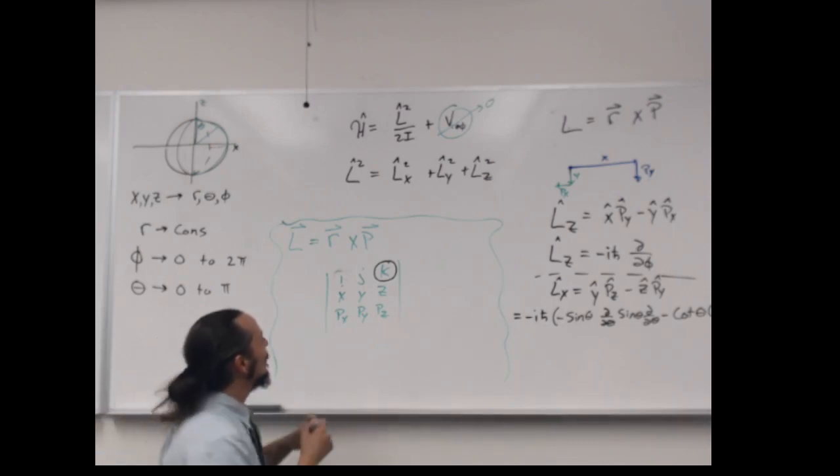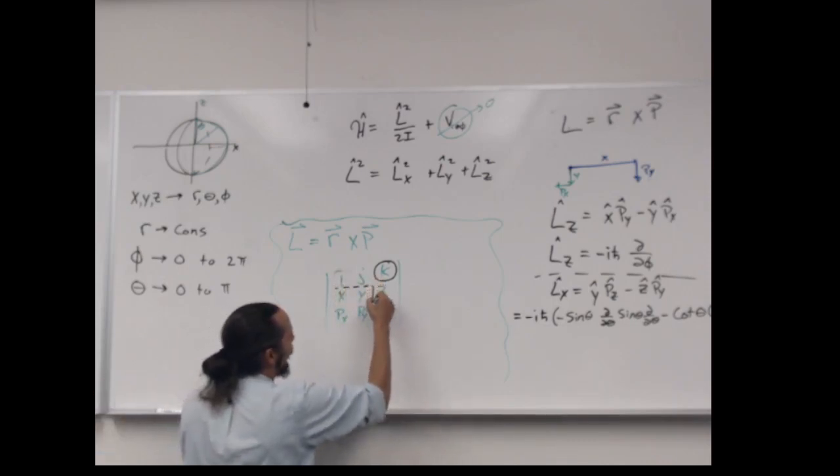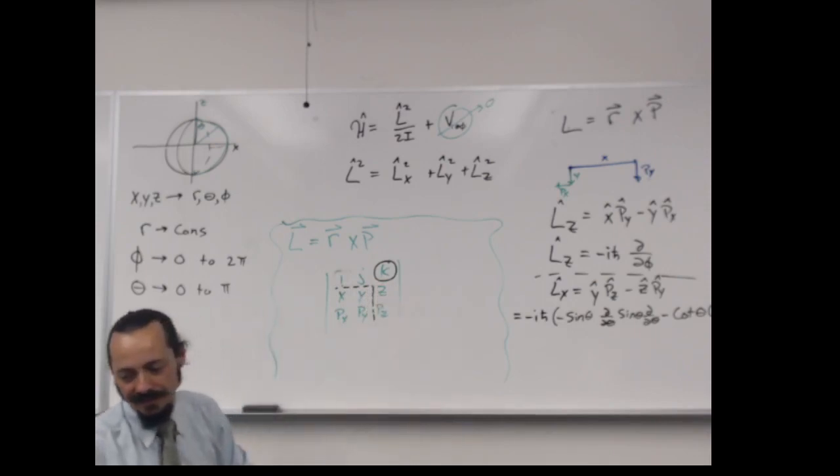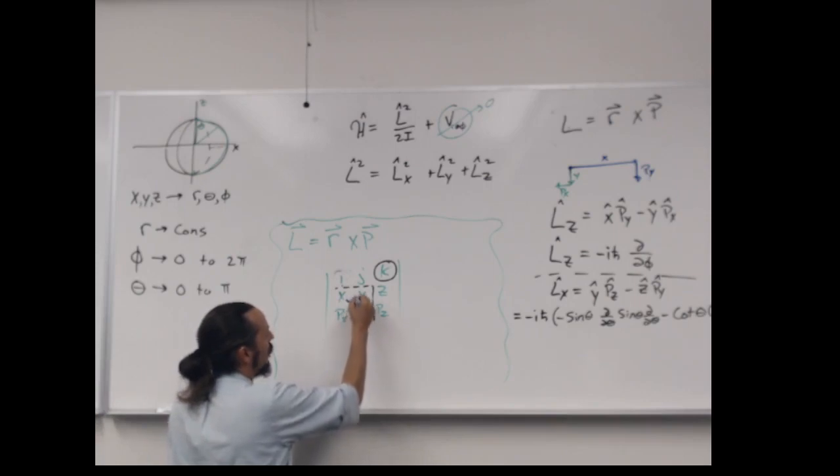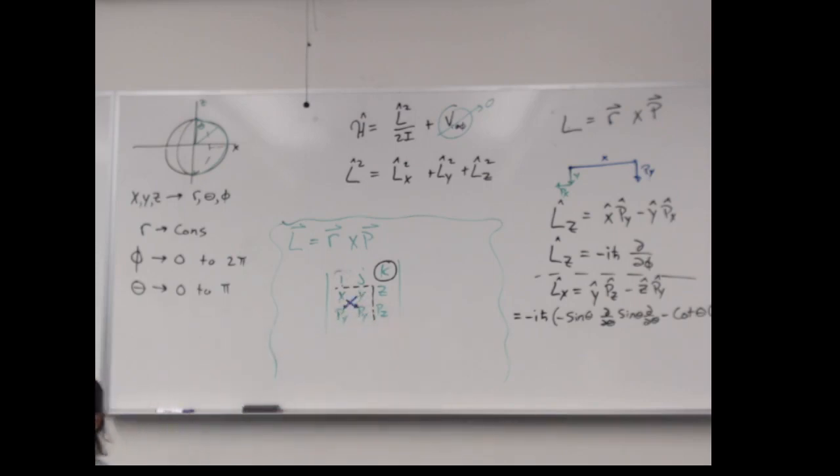If we wanted to do our z direction, we're going to be looking at this little section of it. And we're going to do xy minus yx. Is that familiar to anyone? Yeah, okay. Some people are starting to remember, right? Cross product.